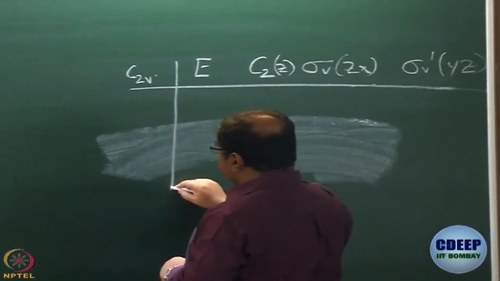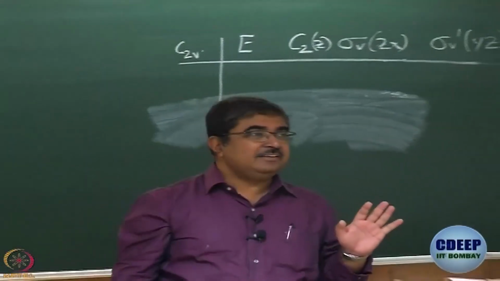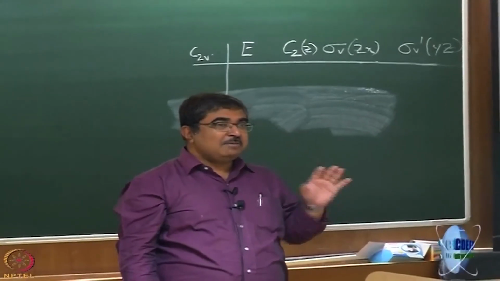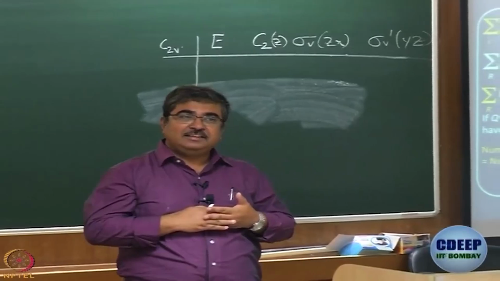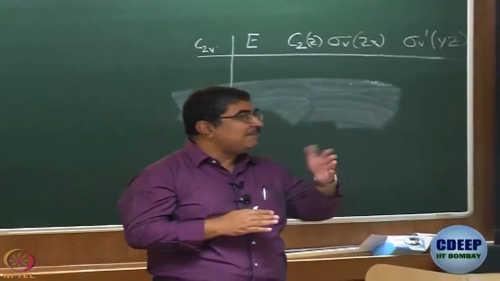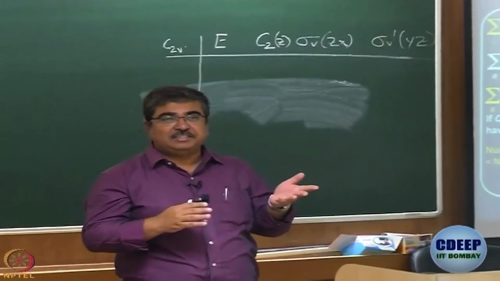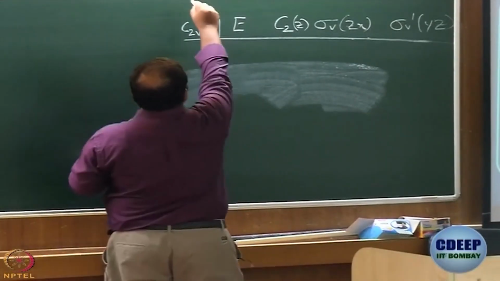How many symmetry operations? 4. How many classes of symmetry operations? 4. Remember, what is the meaning of 2 symmetry operations belonging to one class? They should have the same action, or they should be interconvertible by some other symmetry operation. So, number of classes here is 4.